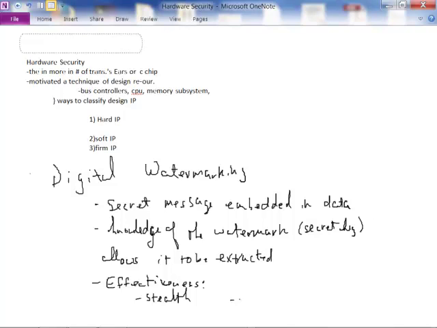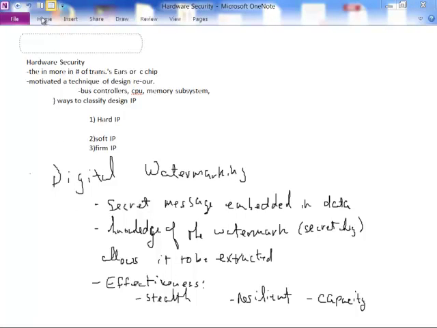It needs to be resilient, in that it should persist even if someone modifies the file. And then the capacity: how large can we make the watermark relative to the size of the data that we're trying to protect?